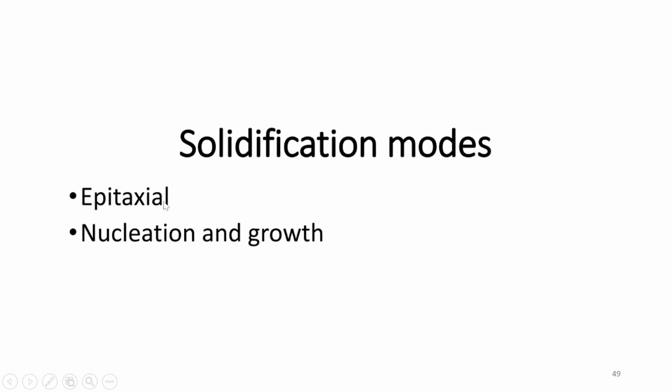Epitaxial means there is a crystal that already exists, so the remaining molten metal will grow on the existing metal, and the growth will be in the orientation which existed before. Nucleation and growth is where firstly various nuclei form, then they grow in various directions with time.